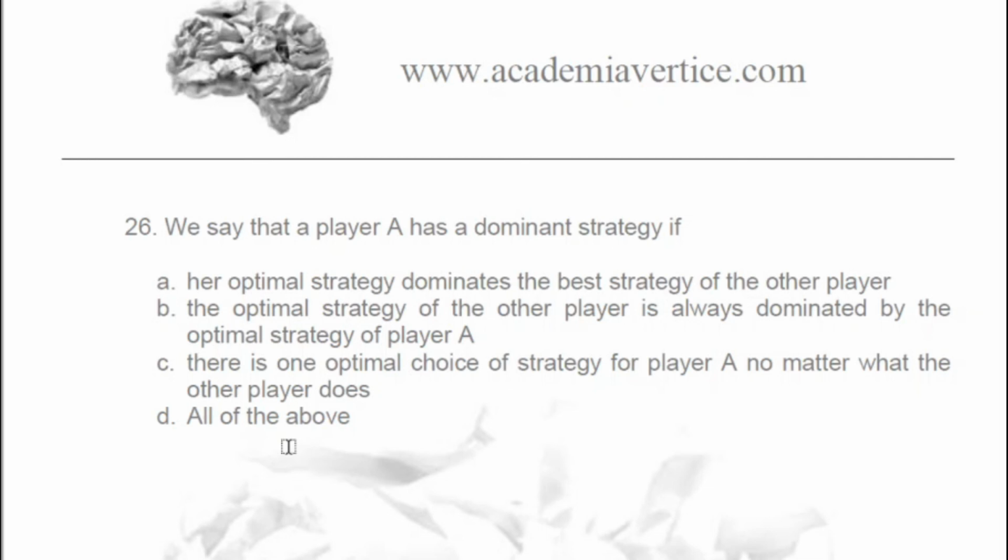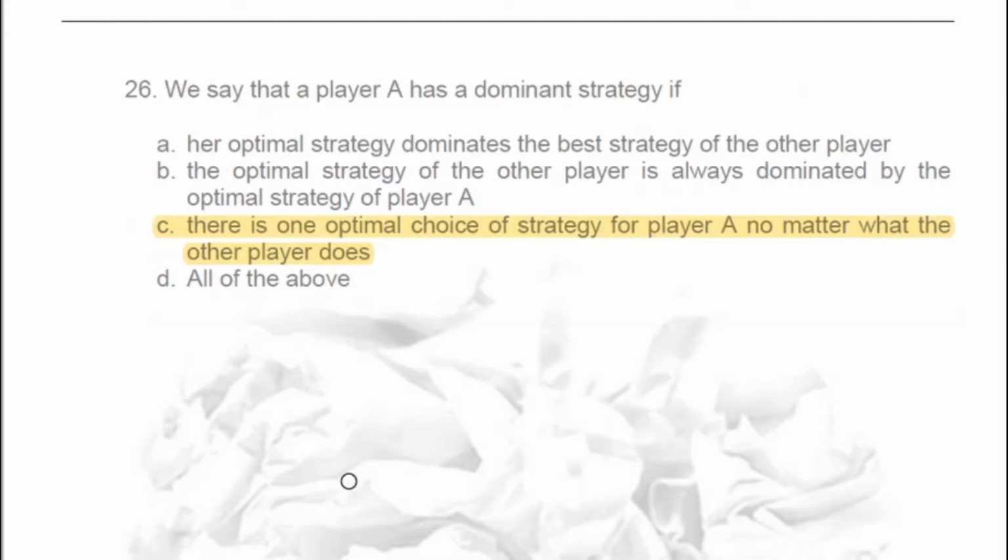There is one optimal choice of strategy for player A, no matter what the other player does. Yes, at least for me, this is the definition of dominant strategy. So clearly C.